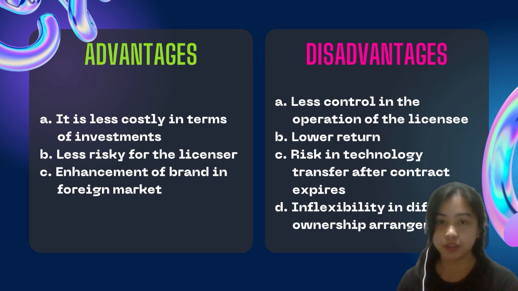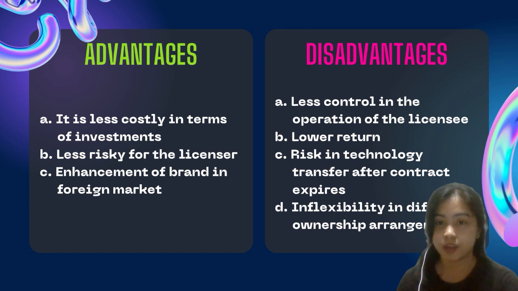Advantages: first, licensing requires lower initial investment compared to other entry modes, making it financially accessible for smaller firms. This advantage is particularly beneficial for companies with limited capital resources. Second, the licensor transfers operational and financial risk to the licensee, reducing the overall risk for the original company.